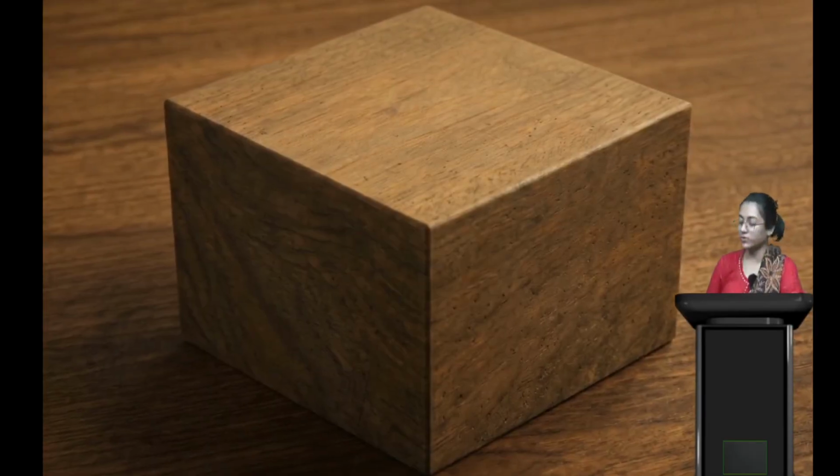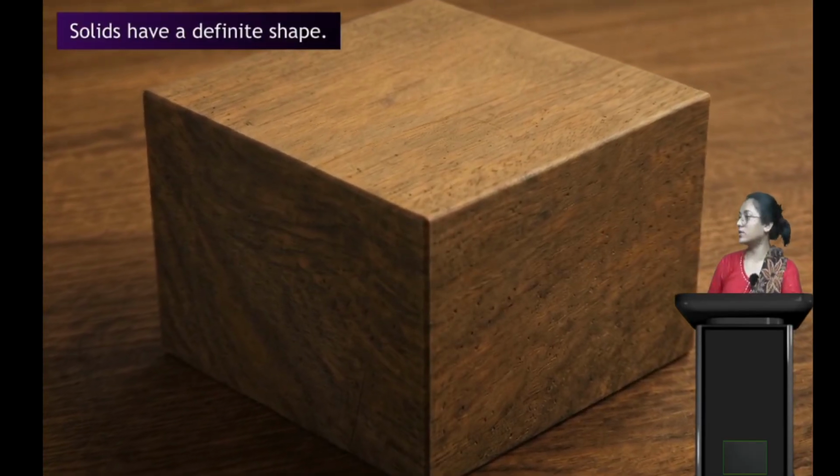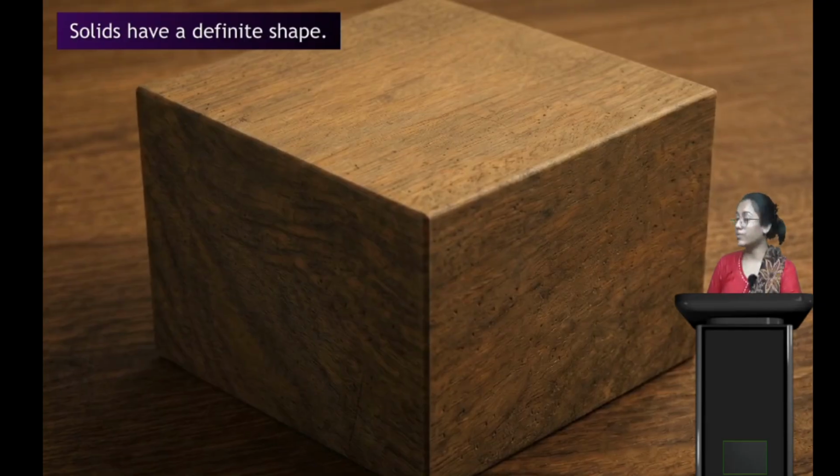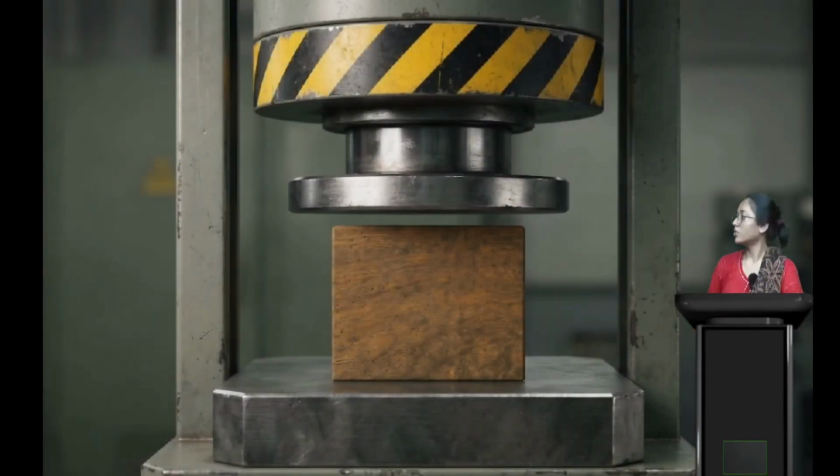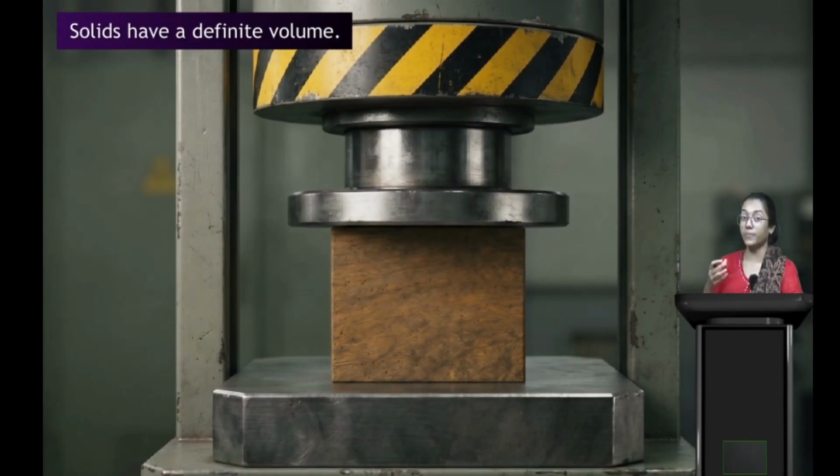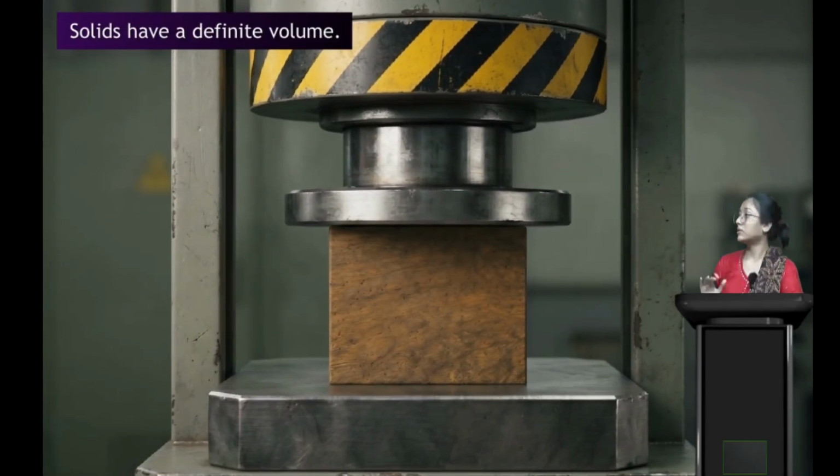Let's try. See what happens here. This has a shape, isn't it? So we can say that solids have a definite shape, and the particles of solids are held together very closely.